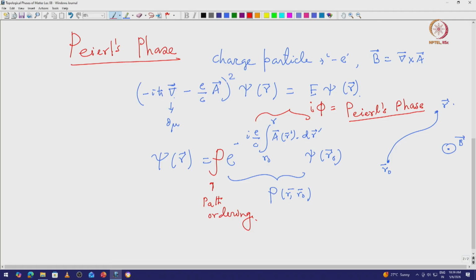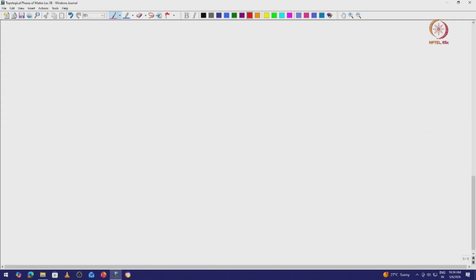All right. So, it is a phase that is acquired. So, the wave function's amplitude has not changed, but it obtained a phase as it travels from one place to another place under some magnetic field. Okay.